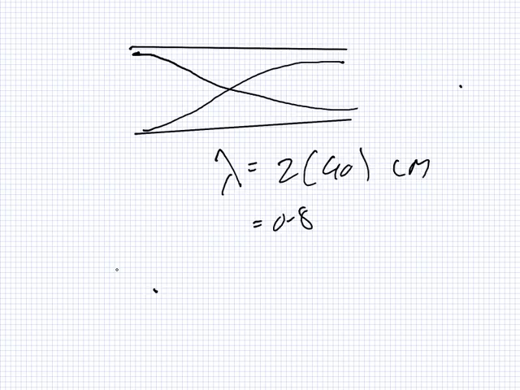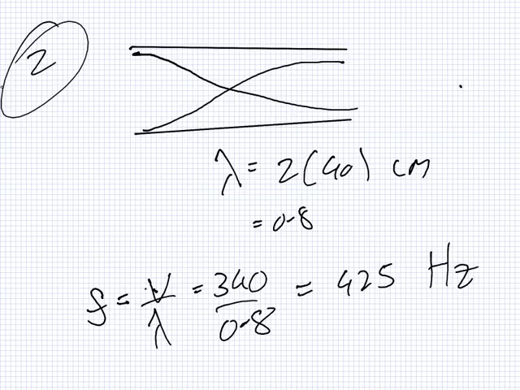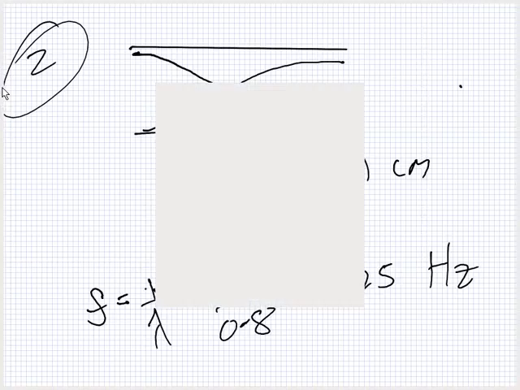And what was I looking for? The frequency. Frequency equals V over lambda. 340 over 0.8 is 425 hertz. Right, that was number 2. Number 3. Got that, Andrew? Number 3.